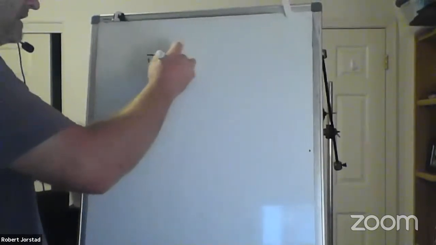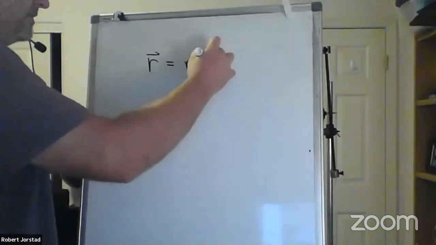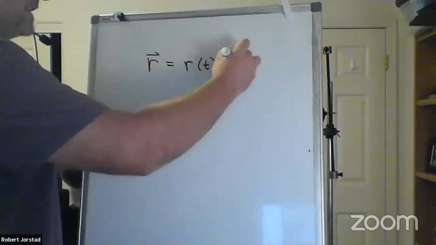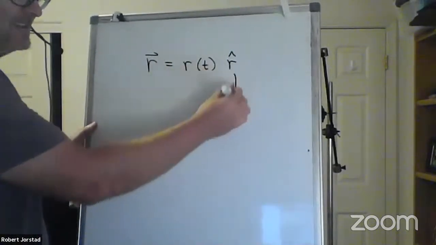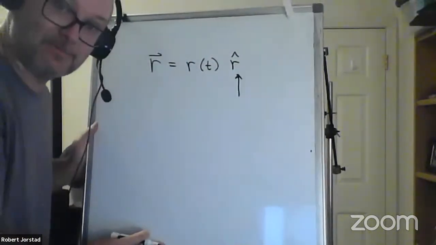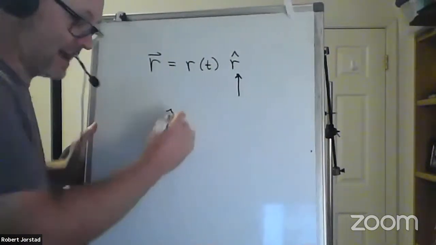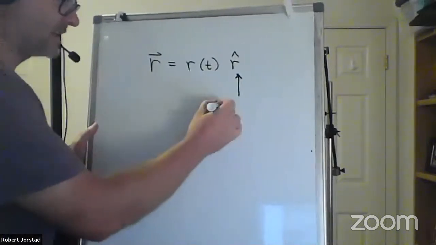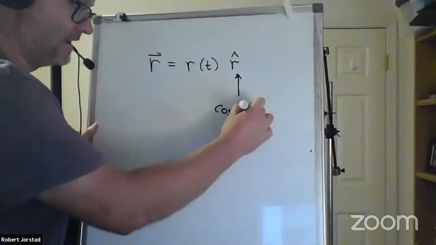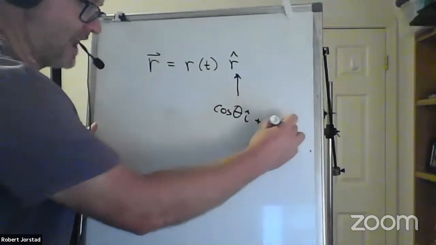R is a function of time. But the problem is both the radius and this are functions of time. I hat is not a function of time. I hat is always to the right, but R hat has a cosine theta I hat plus a sine theta j hat.